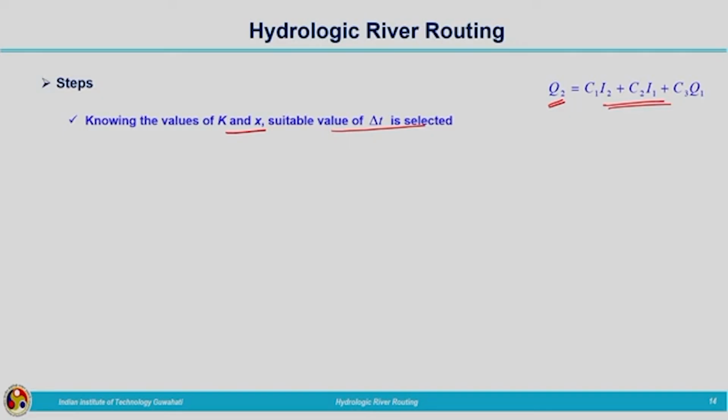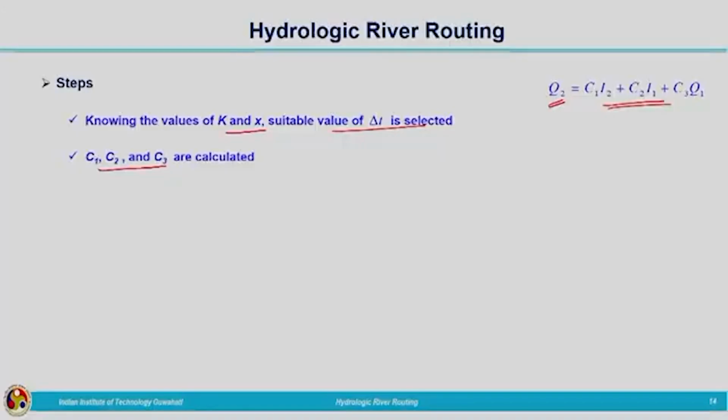That way delta t is selected. After that we can compute C1, C2 and C3, which are in terms of k, x and delta t. So, once the values of k and x are known, we can assume the value corresponding to delta t. By knowing these three values, we can calculate the coefficients of this Muskingum equation.